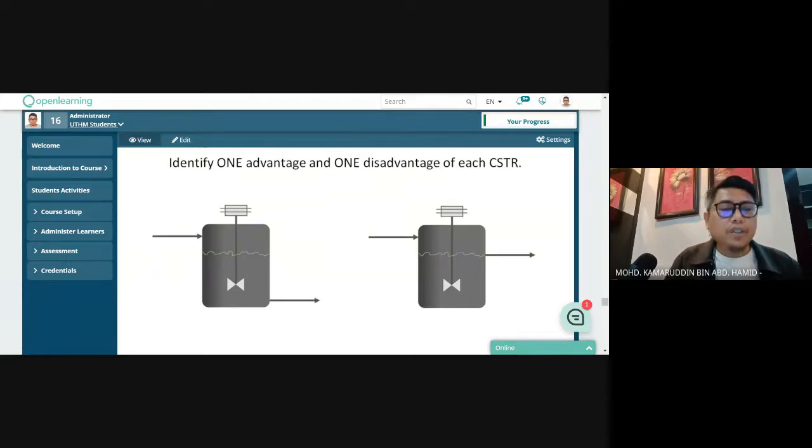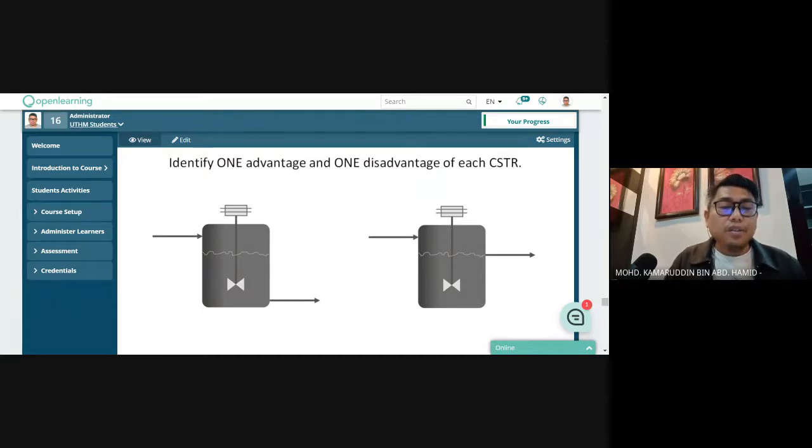So here we have at the left hand side, we call that the non-constant level CSTR ataupun level varies CSTR, and at the right hand side we call it the constant level CSTR. So the disadvantage for the constant level CSTR, that you don't need to have a control level. You don't have to have a level controller there because the level is always fixed.